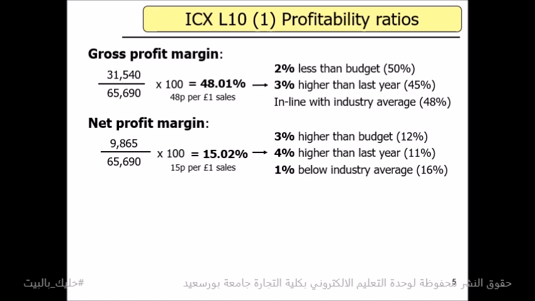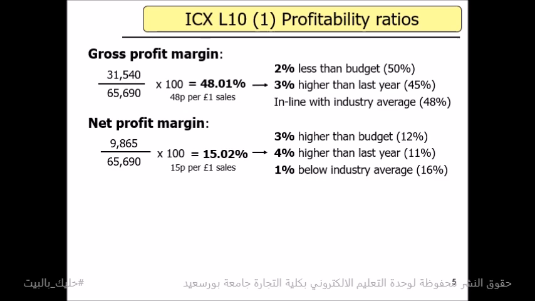And in the previous year, the gross profit was equal to 45%, and this year we achieved 48%, which means that we are higher than last year by 3%. And we are equal to the industry, because the industry gross profit was equal to 48%, and now we are equal to 48%.